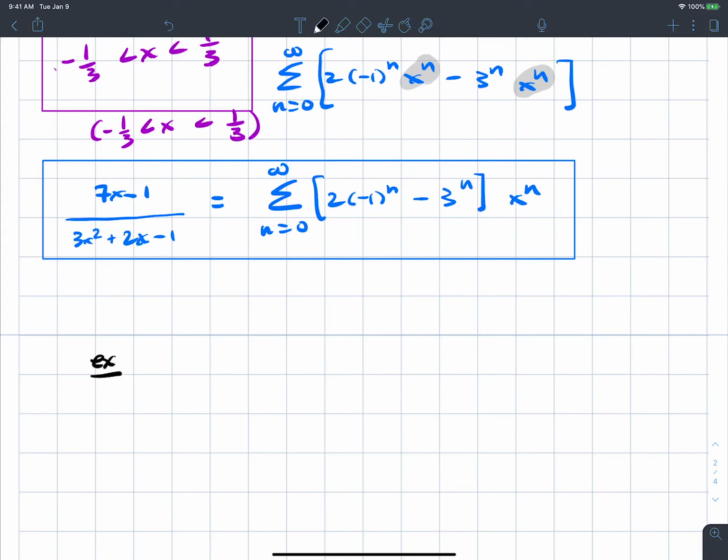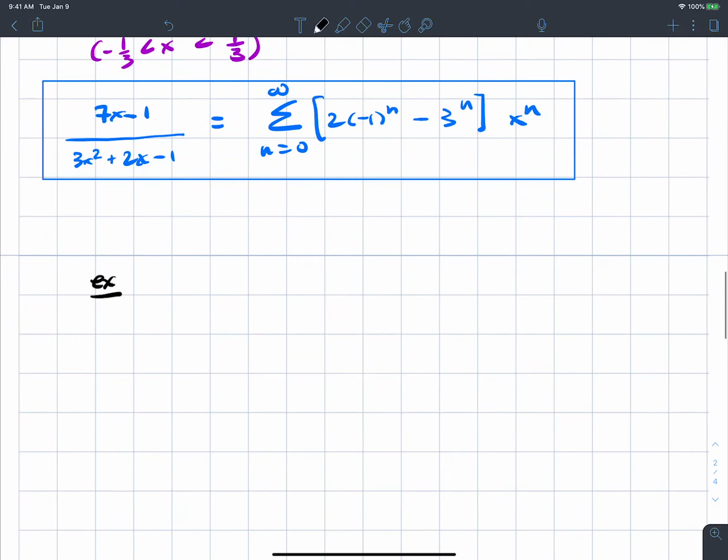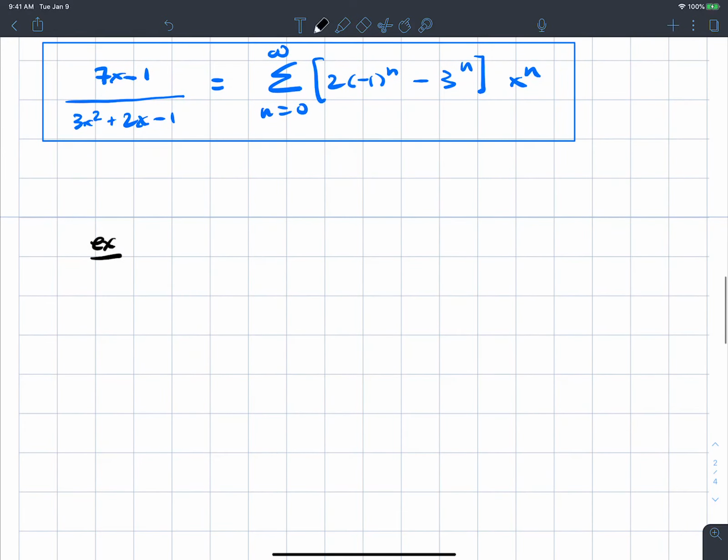So we want to go over another power series expansion that we did earlier today. Let's try something like this. Let's write this function this way: x squared over (1 minus 2x) squared.